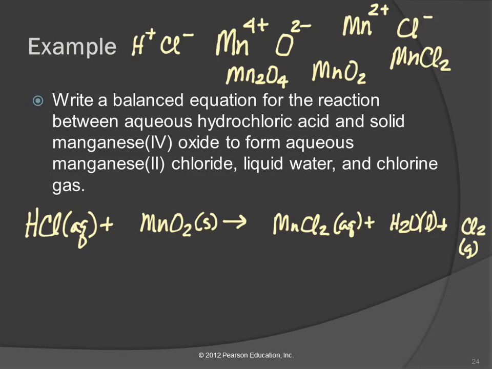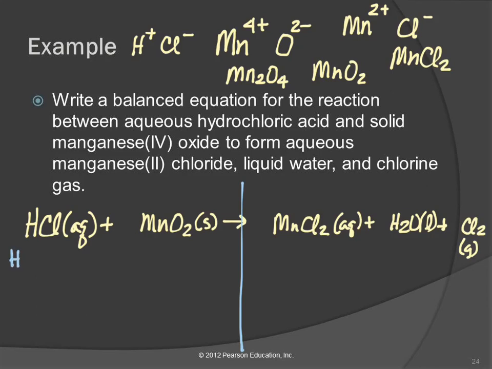And now we need to balance this. So let's try that tally method, and we'll draw a line down the middle here. And I'm just going to go through my reactants and list the elements.